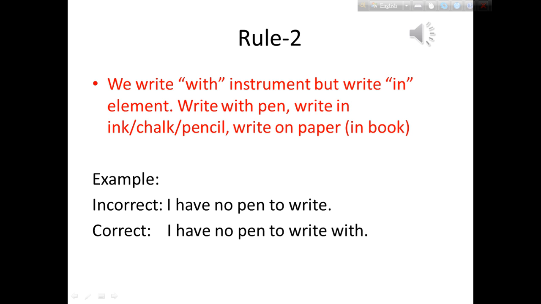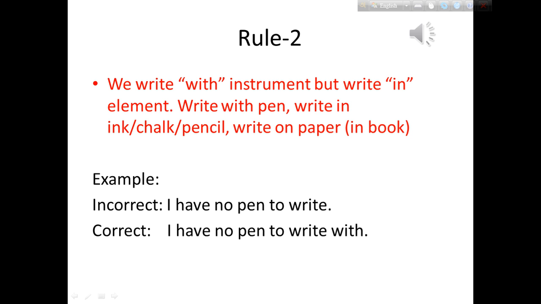Here the given incorrect sentence is I have no pen to write. So it may seem that there is nothing wrong with the sentence, but it is an incorrect one, because when you use the very word write with a pen in a sentence, you have to use the preposition with.